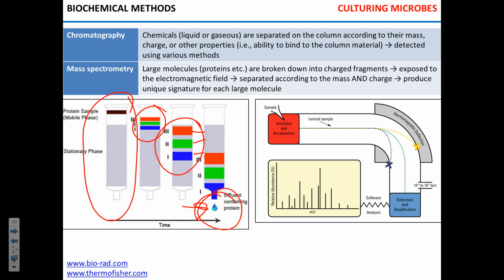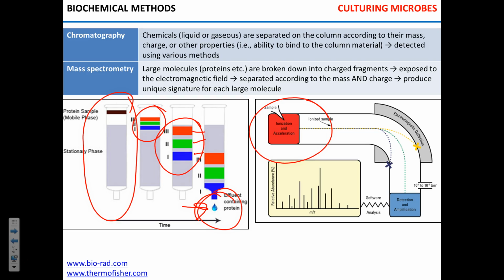So each piece has unique size and unique charge. Make sense? And then you kick them, you accelerate those pieces. That makes sense? Which ones are going to fly farther? Smaller, lighter ones. So you can separate them based on the mass.